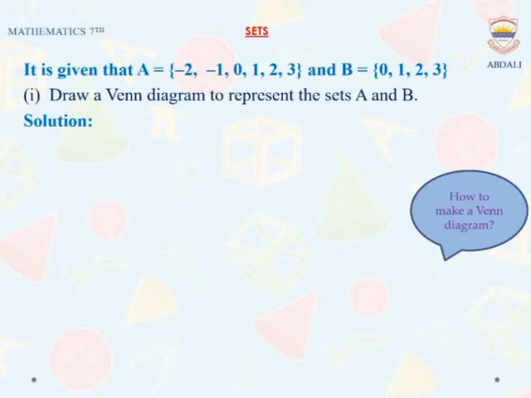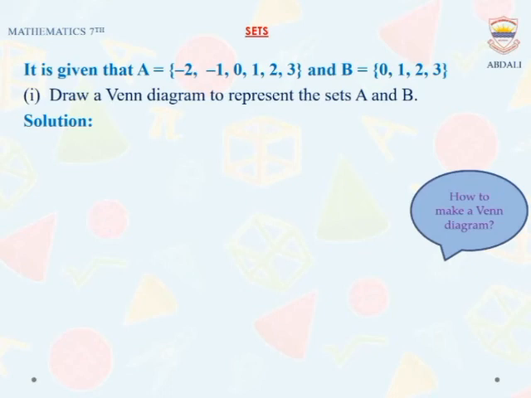Set A contains all the elements of set B. Set B contains 0, 1, 2, 3. Set A contains 0, 1, 2, 3, but it has some more elements which are -1 and -2. So class, here set A will act as the universal set, because it contains all the elements of set B.